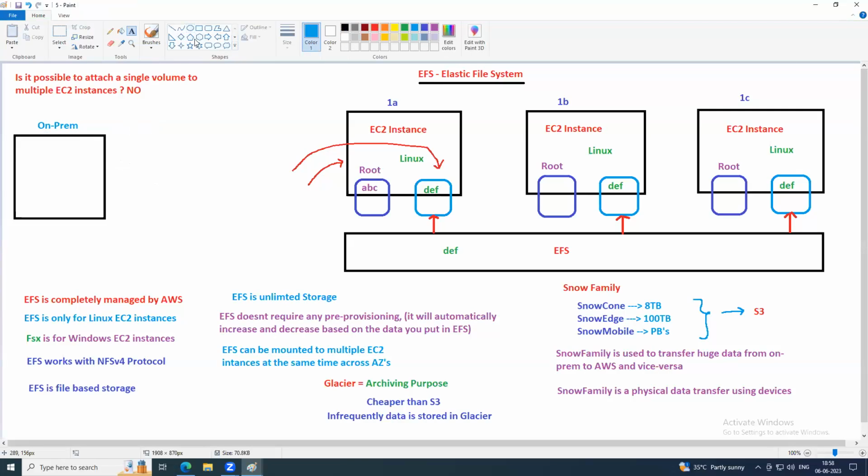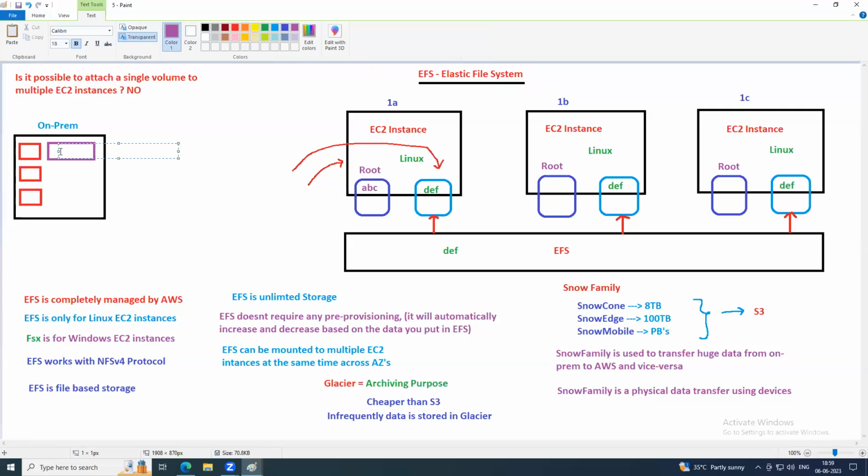Guys, in on-prem, we'll have so many servers, desktops, laptops, all the things will be there, correct? And also we'll have storage in your on-premises. Let's say in your on-premises you have 5 terabytes of storage.